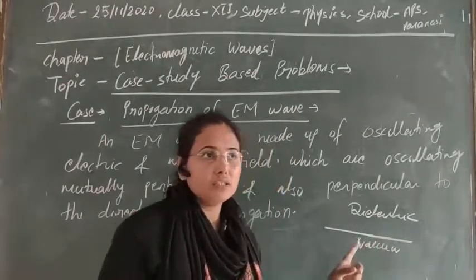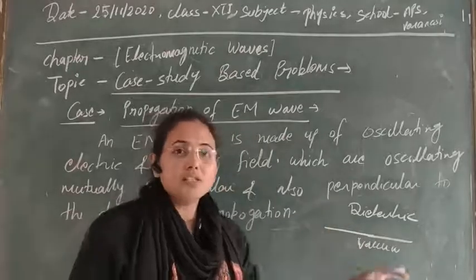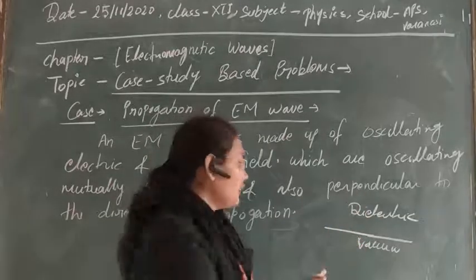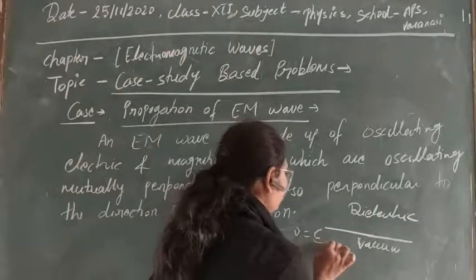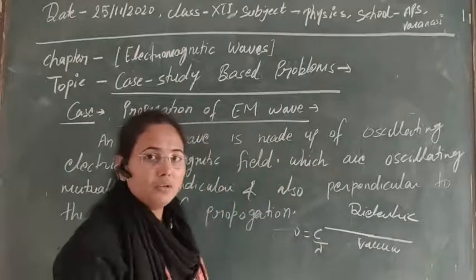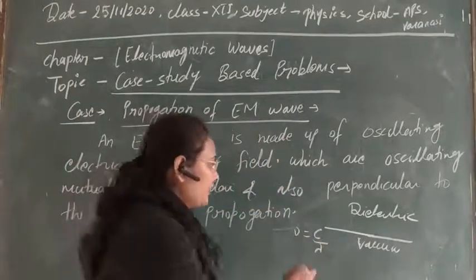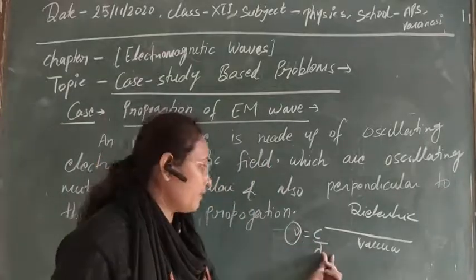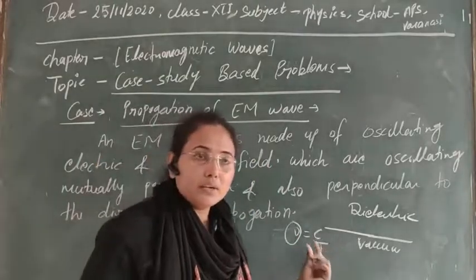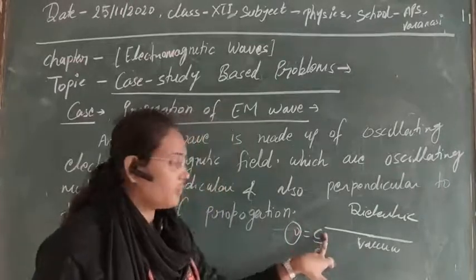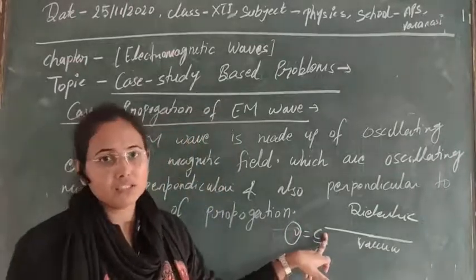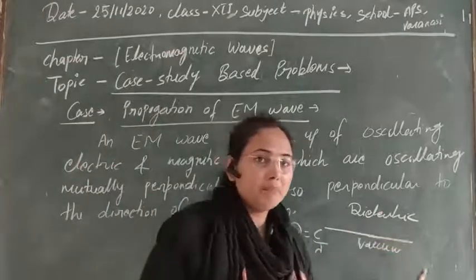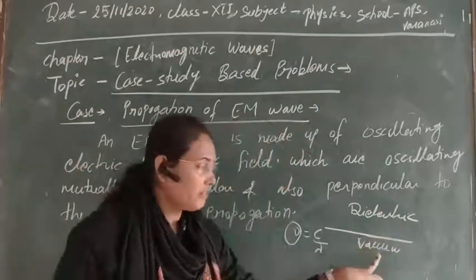The second thing which will change here is the velocity. As you know, nu is equal to c by lambda. The frequency is not changing and the wavelength is changing, so to keep it consistent, obviously the velocity will change. So if the medium is changing, the velocity will change accordingly.